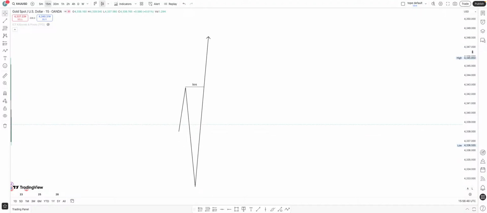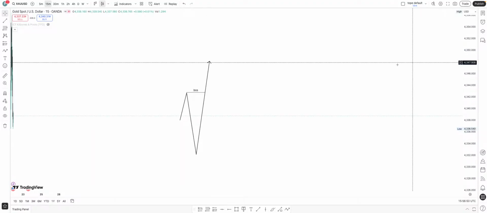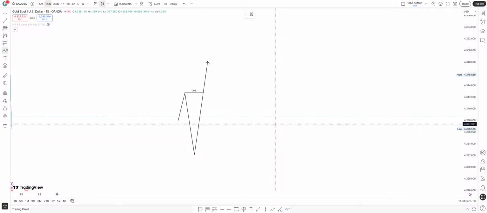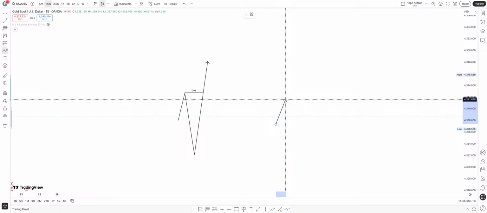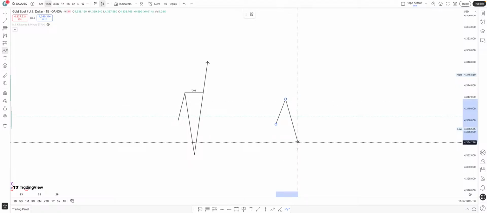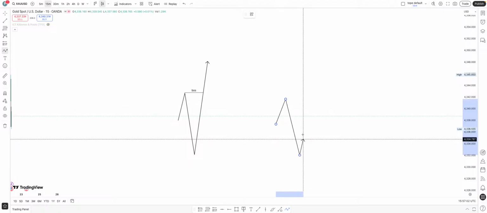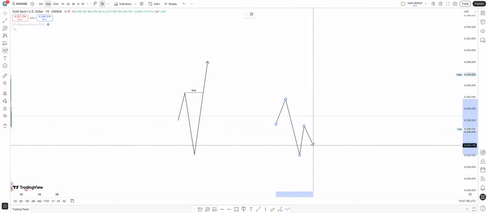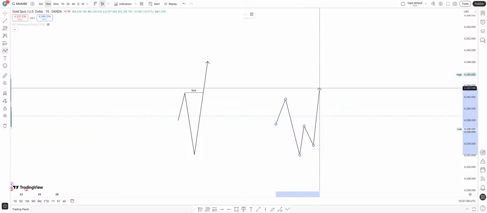And we have the double leg break of structure. It's something like this. Let's say the market is going up, came here, came down, and this first push did not go straight. We have something like this before we broke structure here.